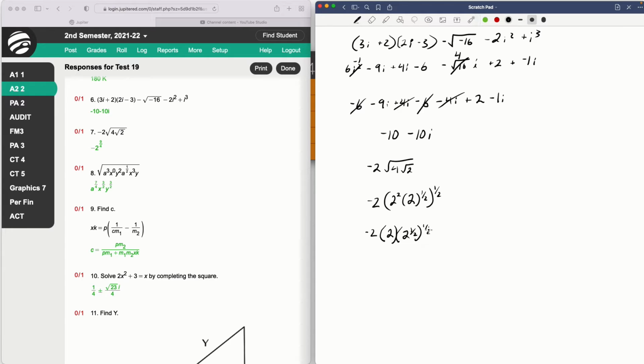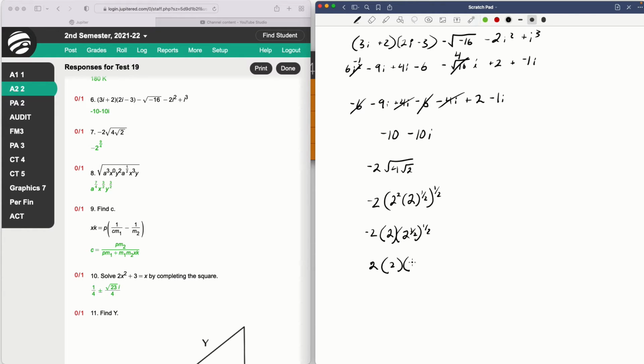So we already did this one times this, and this one times this, and that gave us 2 over 2, so that's just 2 by itself. 2 to the 1 is just 2. And then we did 2 times 1/2, so that's 2 1/2. Now we still have the 1/2 from the original one that we did. So that's going to be 1 times 1 and 2 times 2, that's 2 and 1/4. So 2 times 2 times 2 and 1/4.